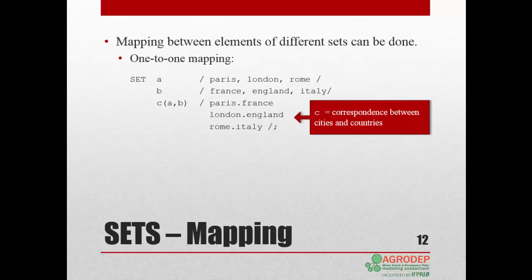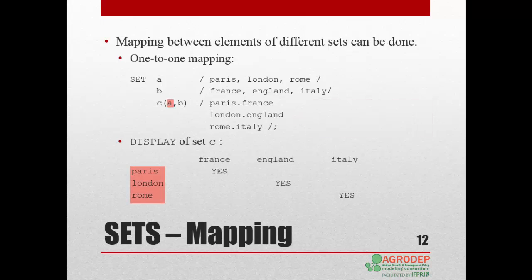The order of the match must correspond to the order of the sets, first the elements of set A, followed by the element of set B. When we display set C, we obtain a logical table with set A as rows and set B as columns. The keyword yes signals that the corresponding columns and rows are matched.